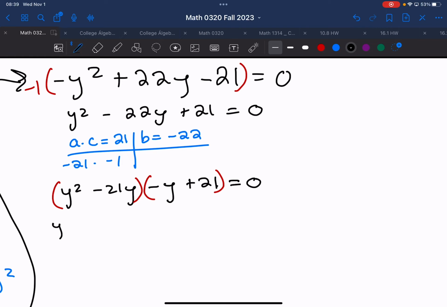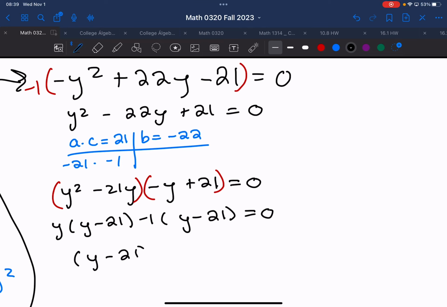A y, so we're left with y minus 21. What about the next parenthesis? Because we want them to match. Negative 1, so I'm left with y minus 21. So that means I have the factors y minus 21 and y minus 1 equals 0.